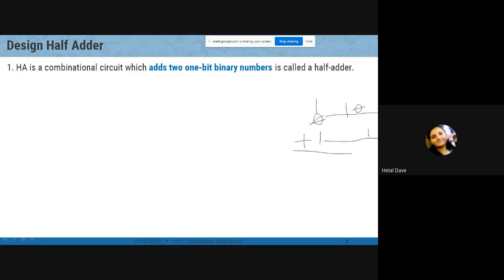Now what is the output? 1 plus 1, I am talking about binary addition: sum is 0 and carry is 1. So all this can be generated by means of this circuit. So this circuit will be having 2 inputs and 2 outputs.